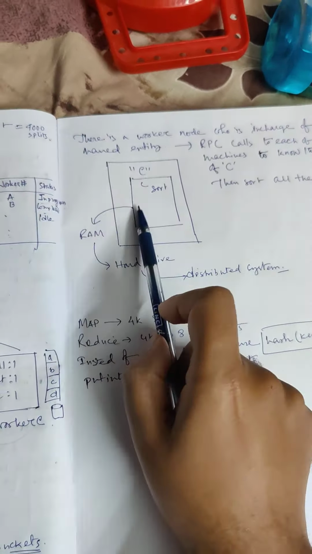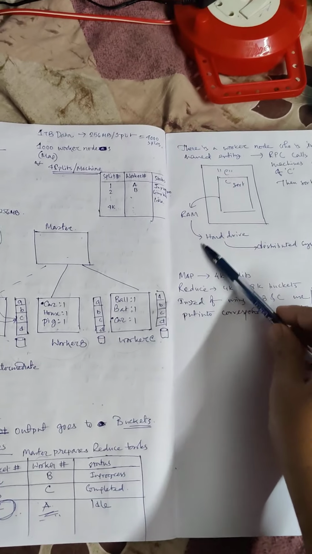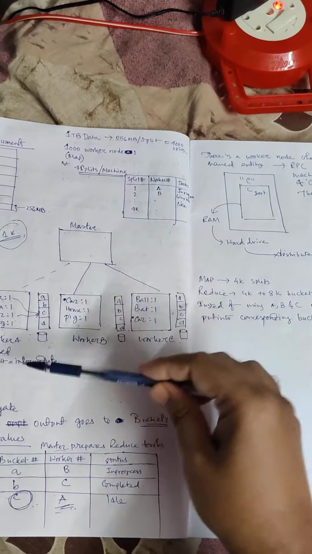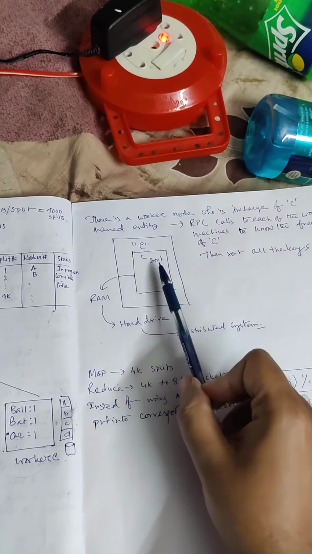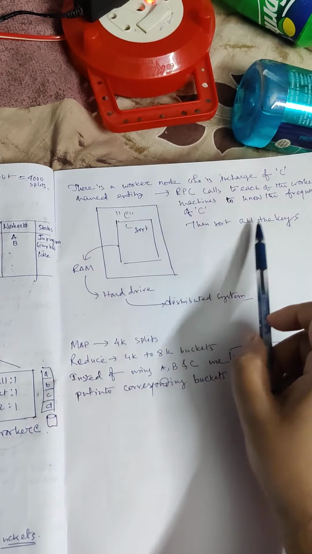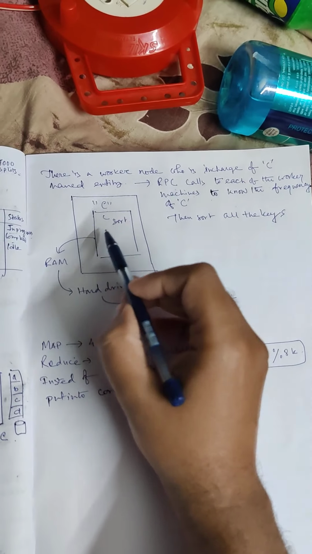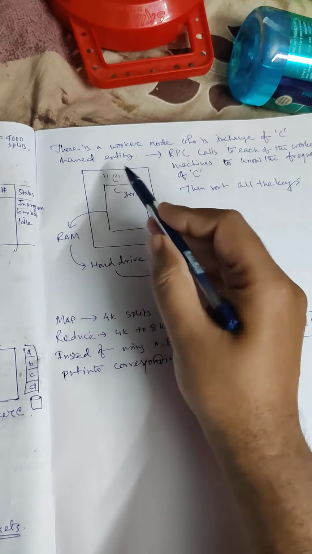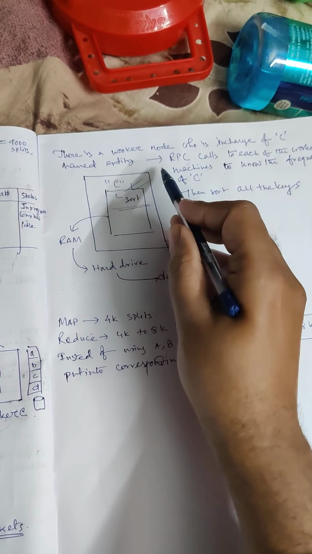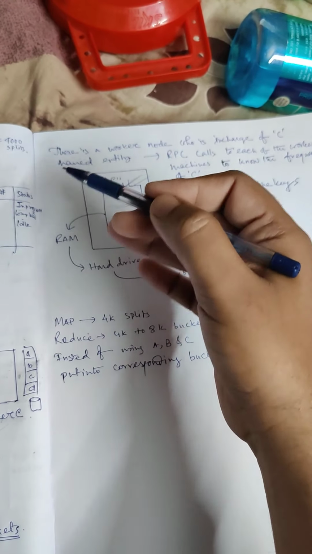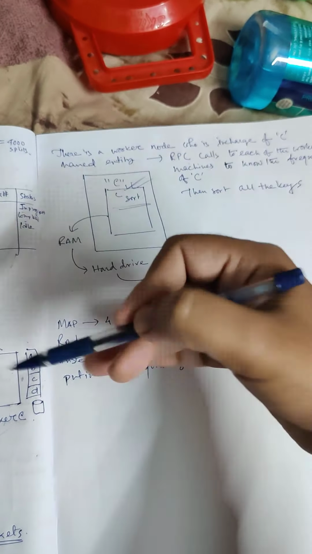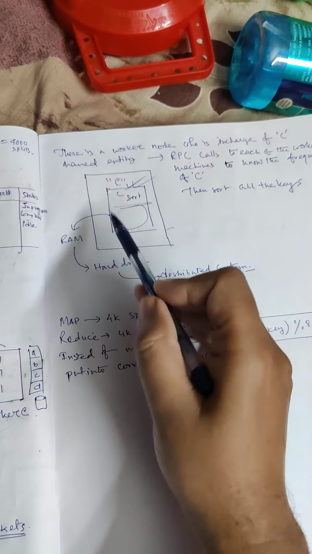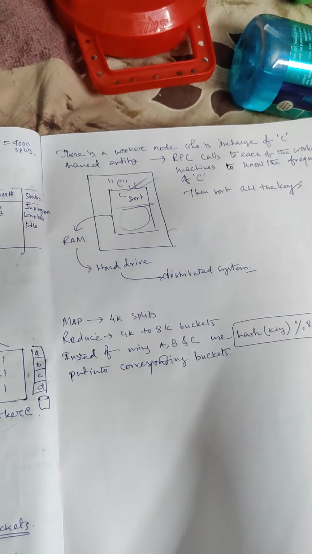Then this worker goes and tries to find the bucket and makes an RPC call to each worker machine to get the data, the data related to the key C, that is, bucket information C. Now this information is sorted for better processing.